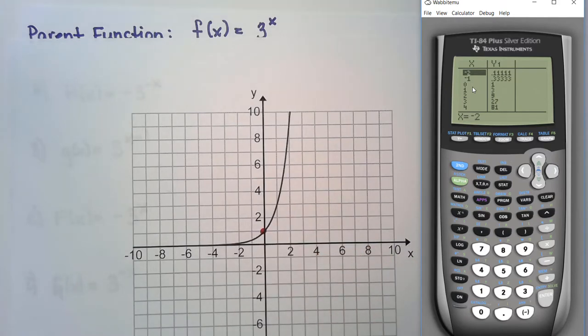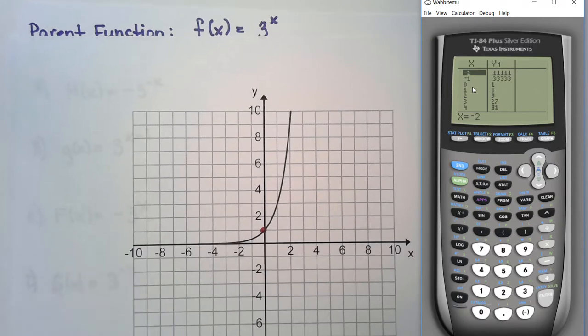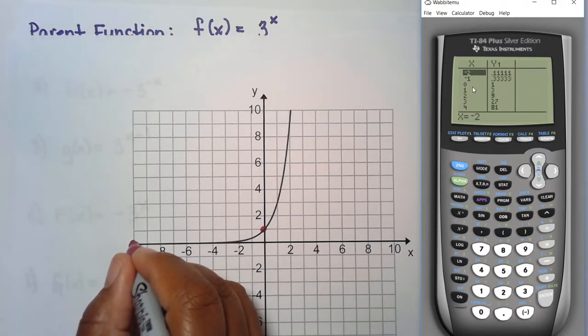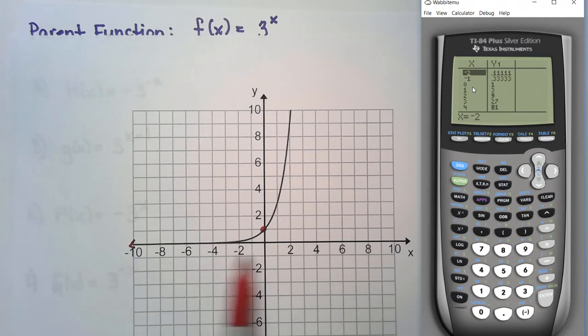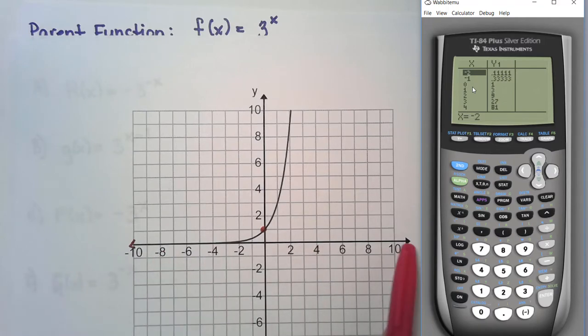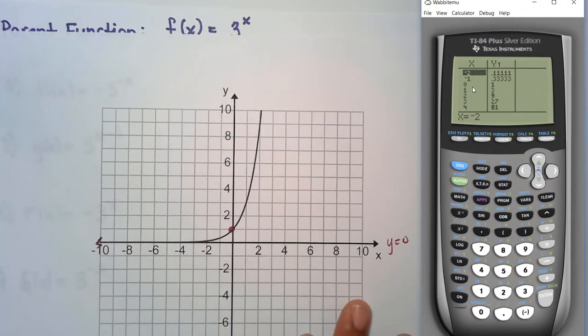And as we read this graph from left to right, it seems like it's touching the x-axis here, but it's not. It's always going to come closer, closer, closer to the x-axis, but it would never actually touch the x-axis. So we have a horizontal asymptote, which is y is equal to 0, which is the x-axis.